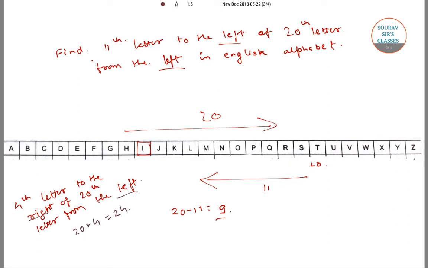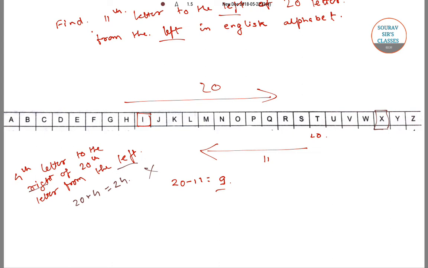Then it would be the 24th letter from the left, which is X. So the 4th letter to the right of the 20th letter from the left is X.